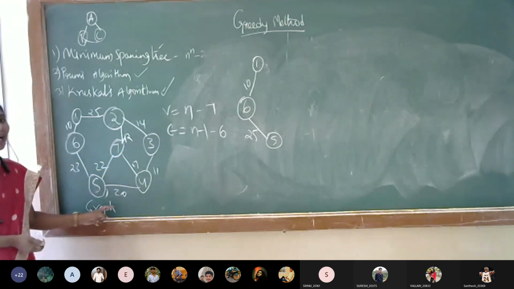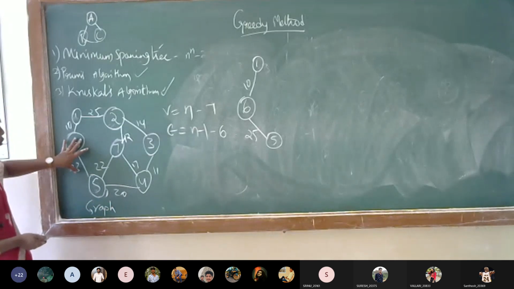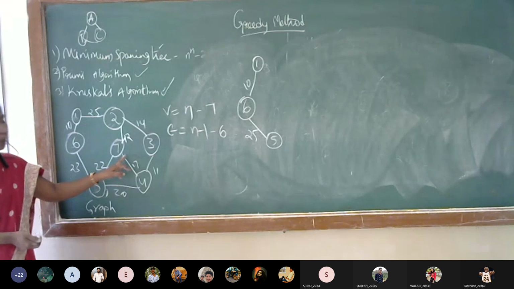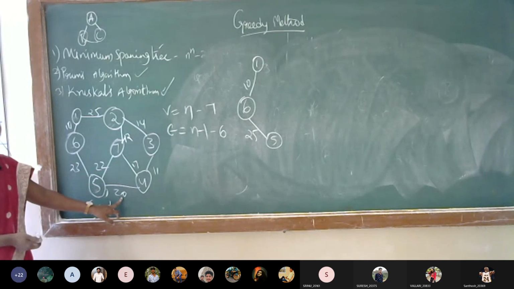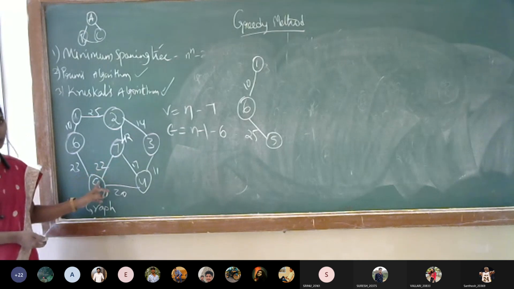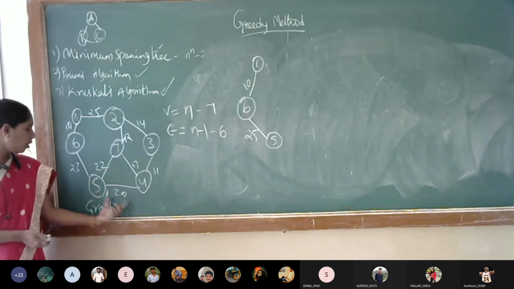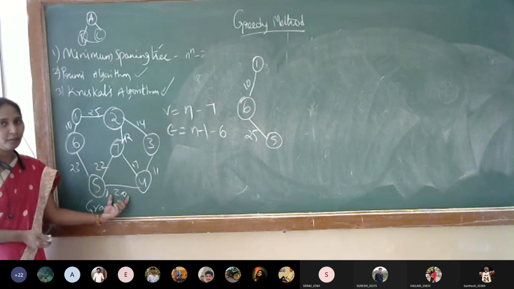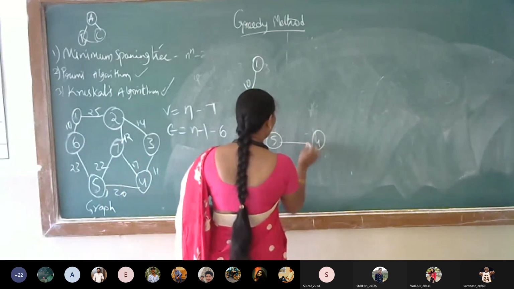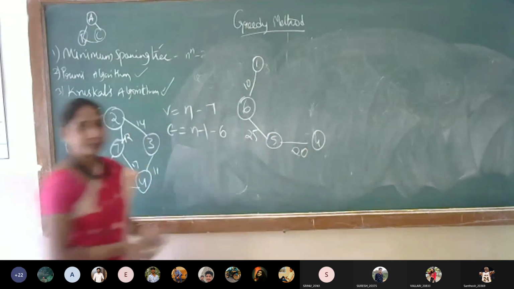In this, it will be finding the shortest path. Okay, 6 is already visited, so either it should visit 4 or 7. So 4 is having the cost as 20 and 7 is having the cost 22. So instead of going with the highest cost, we will be going for the minimum cost. The minimum cost is nothing but what? 20, right? So it will be visiting the vertex 4 with the cost 20.